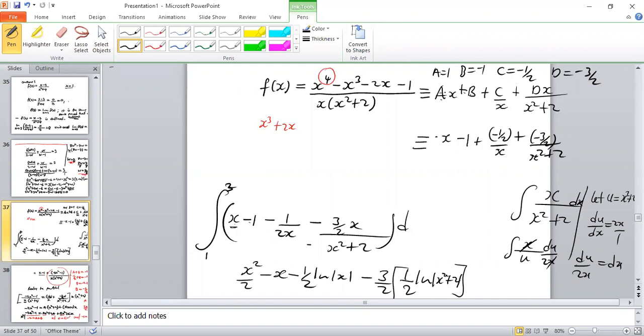So this is what we have. With the limits from 1 to 3, you can substitute in 3 and solve, minus substitute in 1 and solve the answer.